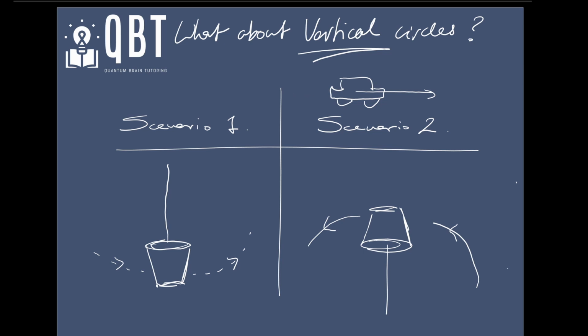So, oversimplified, but what I'm trying to tell you is that we have free body force diagrams when an object is in motion. If we look at scenario 1, we have a bucket which is being swung in a circle, and it's at the base of its movement.